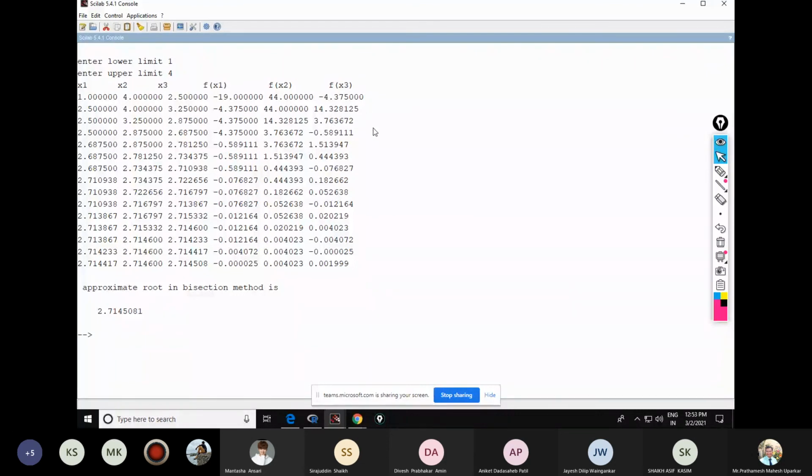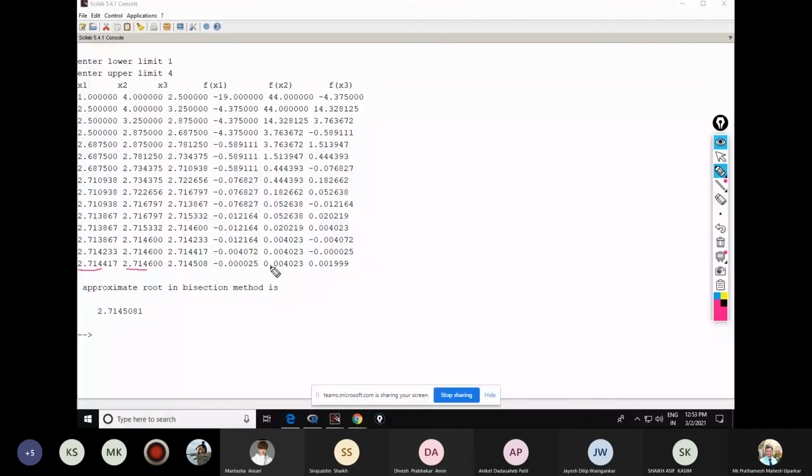And up to which part has it gone? .146. As soon as my difference came to 0.1 here, it stopped the approximate root. Because in the next iteration I was going to take these two numbers.